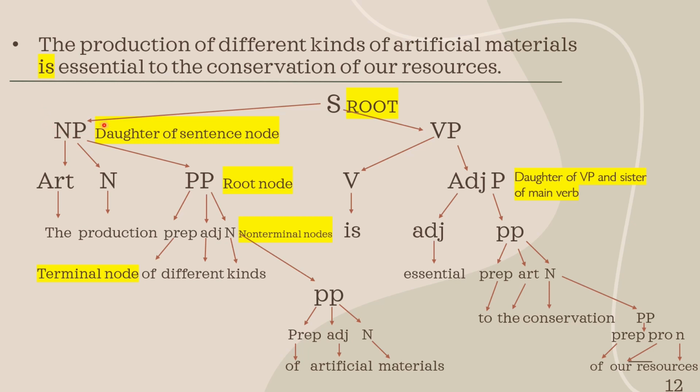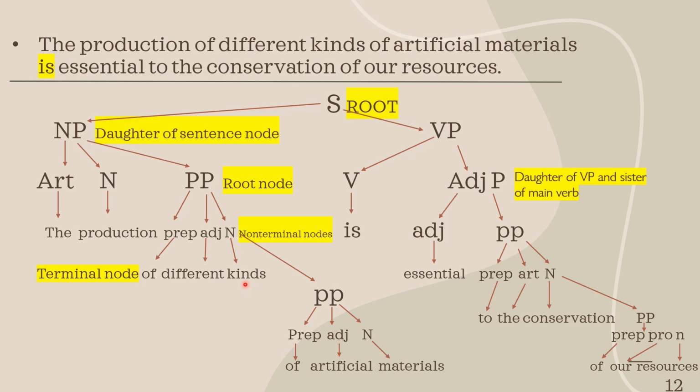The noun phrase is the production of different kinds of artificial materials. All of this is considered the noun phrase. The noun phrase consists of article, the, noun, production, of different kinds. This is a prepositional phrase which consists of a preposition, of, adjective, different, noun, kinds.